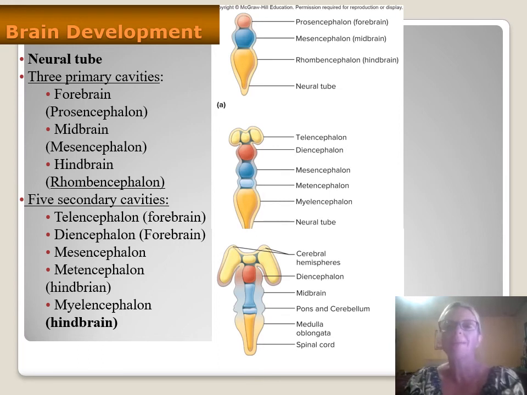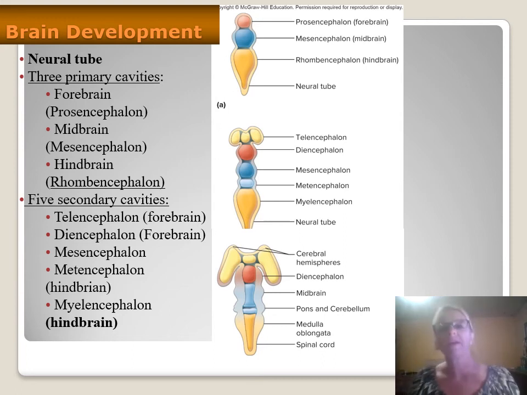So understanding the process helps us to understand the defect and therefore treat the patient, okay? The basic structure of the brain reflects the way that it formed during embryonic development, okay? So it begins as a neural tube that changes into the central nervous system later on.